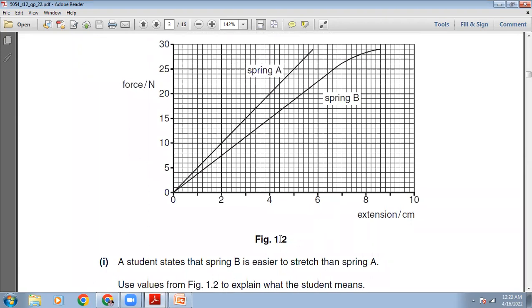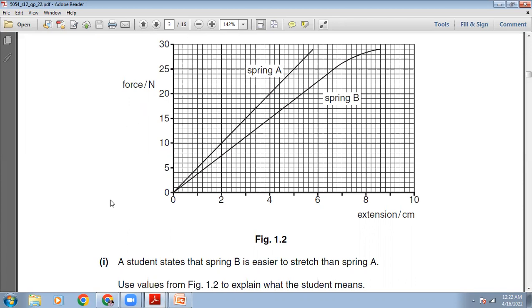So for example, I want to create an extension of 4 centimeter. In spring B, how much is the force required? 15 Newton. But if you want to create an extension of 4 centimeter in spring A, the force required is 20 Newton.